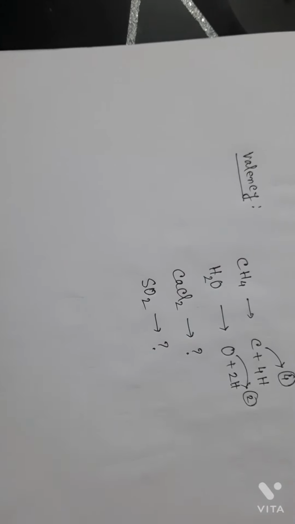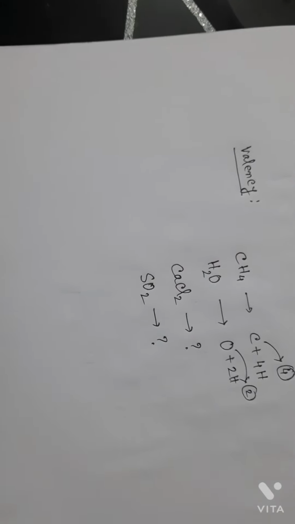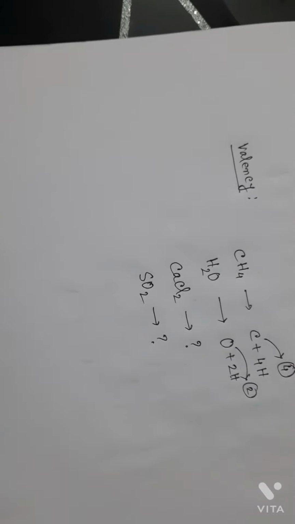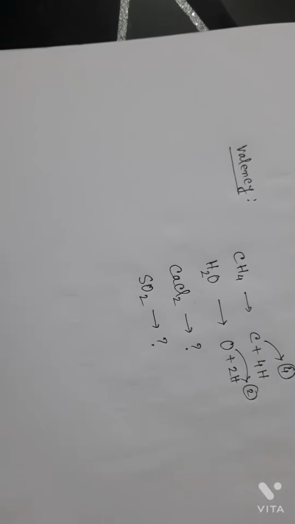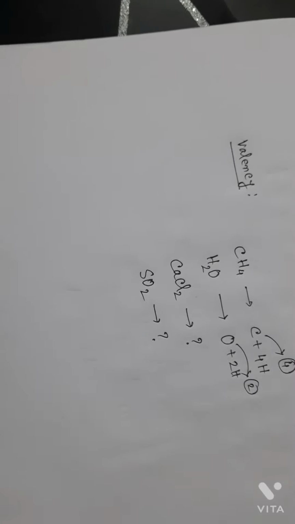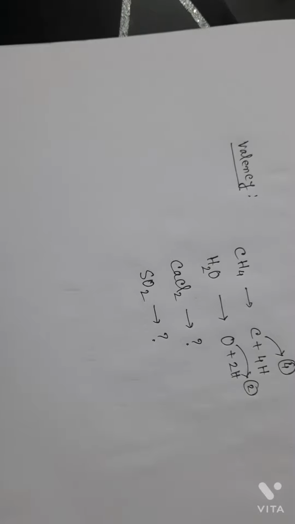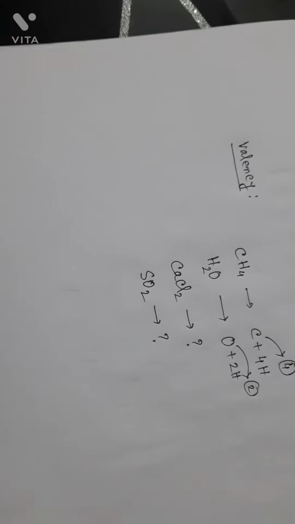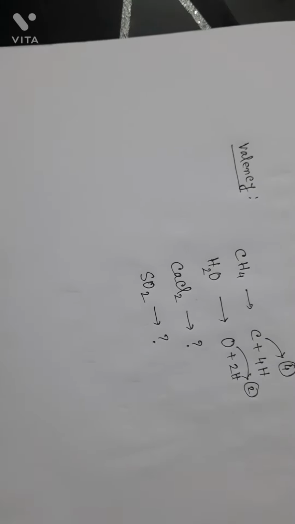What is a covalent bond, what is an ionic bond, what is an ionic compound, what is a covalent compound, we will discuss in our further videos. But during the formation of covalent compounds, the number of electrons engaged in the bond formation is the valency of different elements.